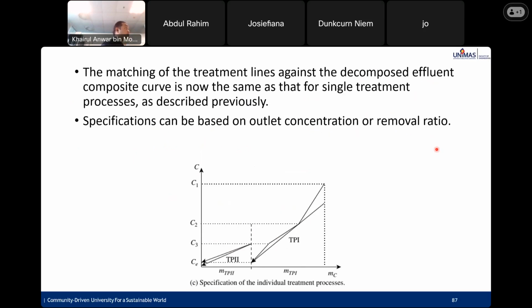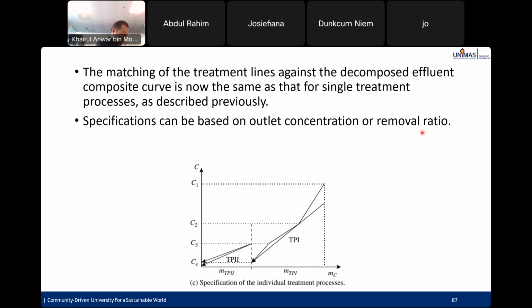The matching of the treatment line against the decomposed effluent composite is now the same as for the single treatment process as described previously. Specification can be based on outlet concentration or removal ratio. For removal ratio, the method for calculating it is different.